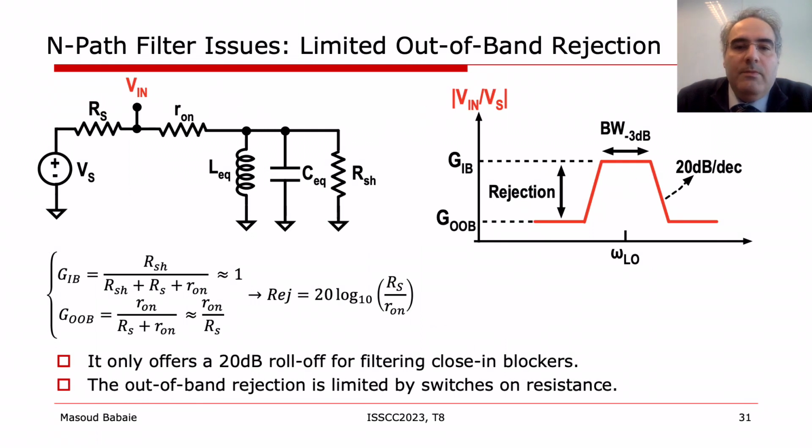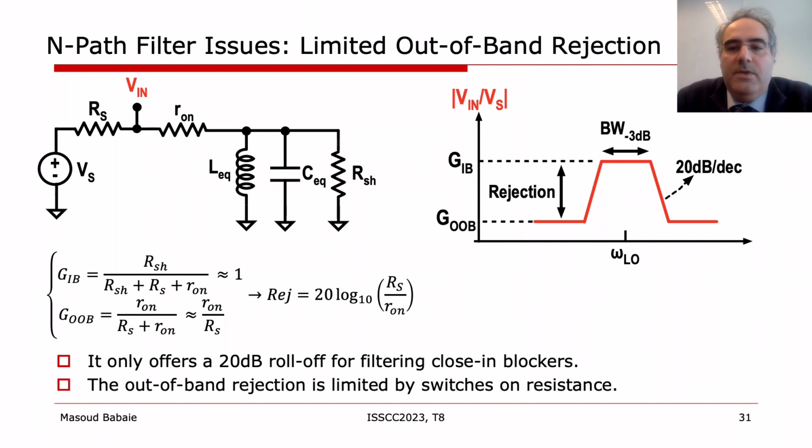Up to this point, we only discussed the good characteristics of the M-pass filters. However, there are some issues associated with M-pass filters. First, they only offer a 20 dB roll-off for filtering of close-in blockers. Second, the amount of attenuation at far-out frequencies is determined by the resistive division between the R-on and RS.